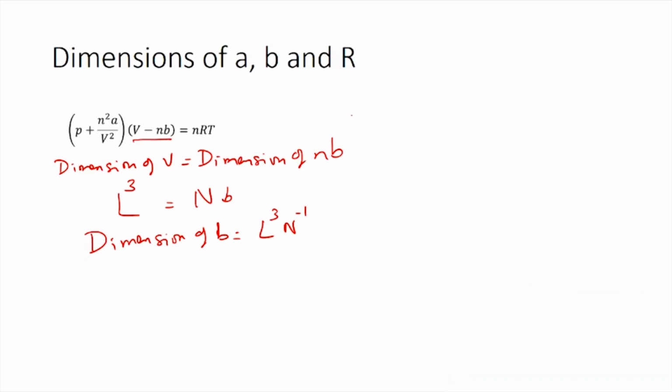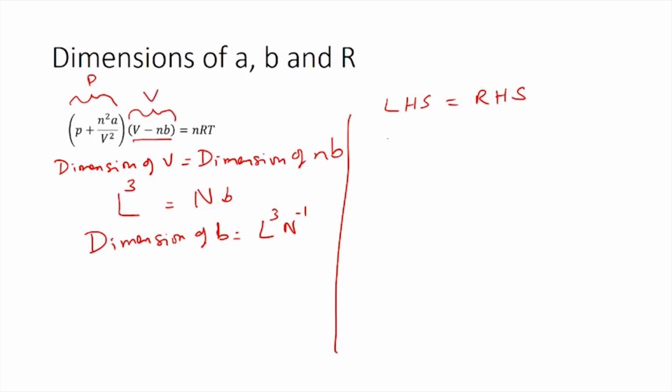So, now we can calculate the dimensions of R, basically using the rule that the dimensions of the left hand side should be equal to the dimensions of the right hand side. The dimensions of the left hand side is basically the dimensions for pressure, which is the first term, and the dimensions for volume, which is the second term.